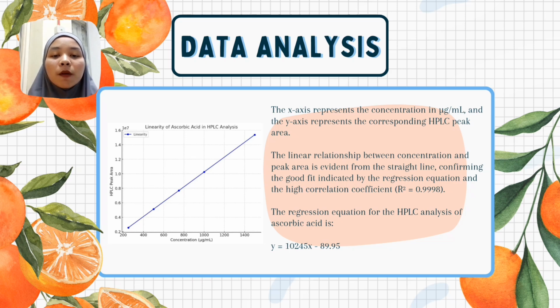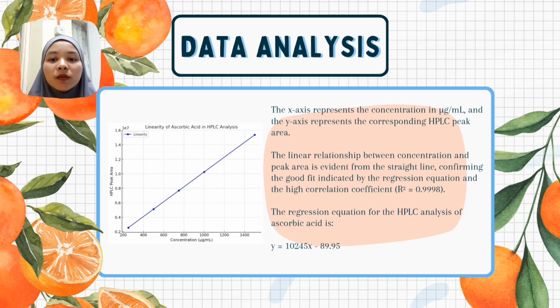So the graph below shows the linearity of ascorbic acid in HPLC analysis. The x-axis represents the concentration and the y-axis represents the corresponding HPLC peak area. The linear relationship between the concentration and the peak area is evident from the straight line, confirming the good fit indicated by the regression equation and the high correlation coefficient, which is R squared equal to 0.9998.